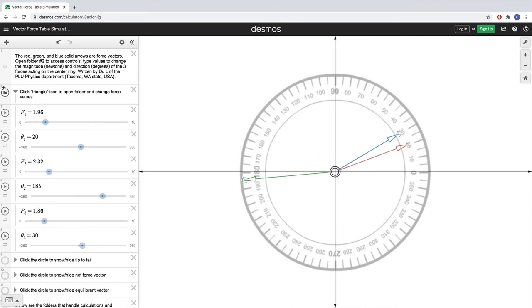So over here on icon number 2, when you click on it, it's going to show you something like this. Our force 1 is 2 Newton. We already said it. And the angle for our force is 30 degrees. For our force 2, the force is 2 Newton, and the angle, we are told to put 120.